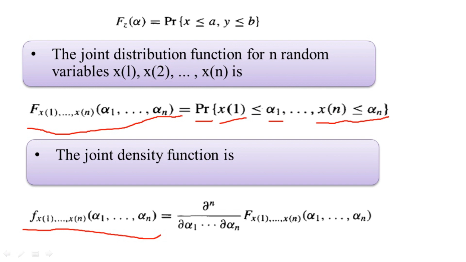Here we have to carry out the partial differentiation with respect to the n variables. This way we have addressed the jointly distributed random variables, the two functions we have discussed, the probability distribution function and the probability density function.